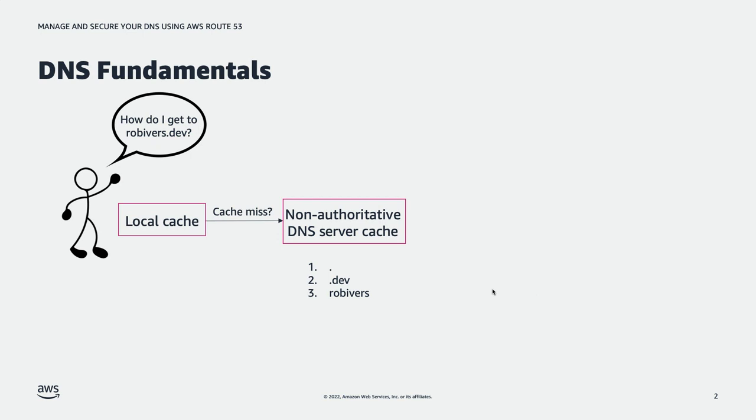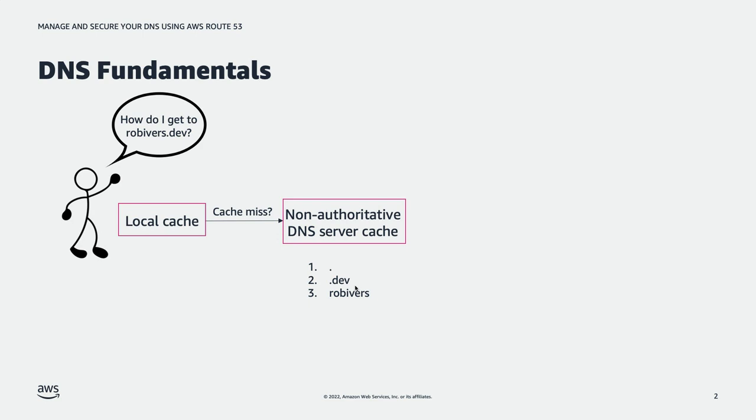But actually, we want to break this domain name down. robbieverse.dev is a domain name that we'll use throughout the session, and we can break it down into three parts. We have the TLD, the top level domain, which is .dev. And then on top of that, we have our dot.